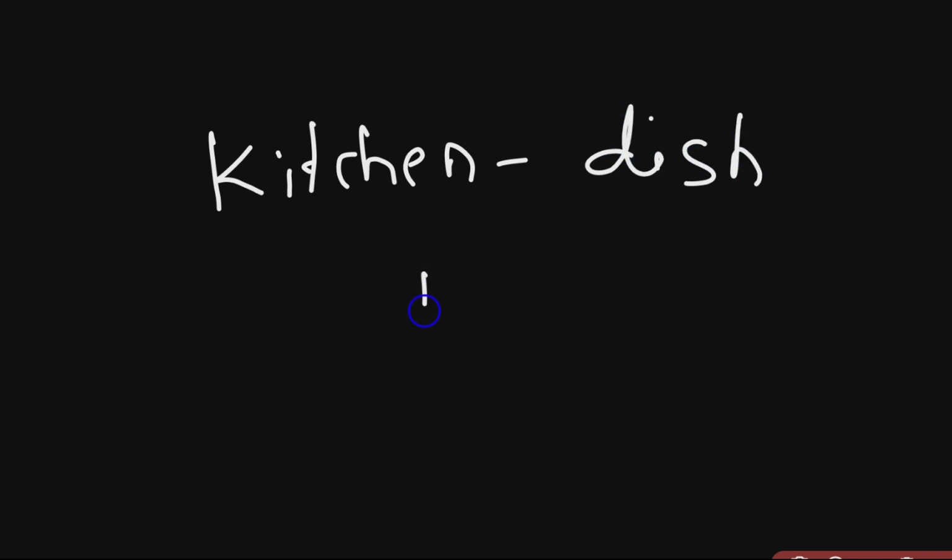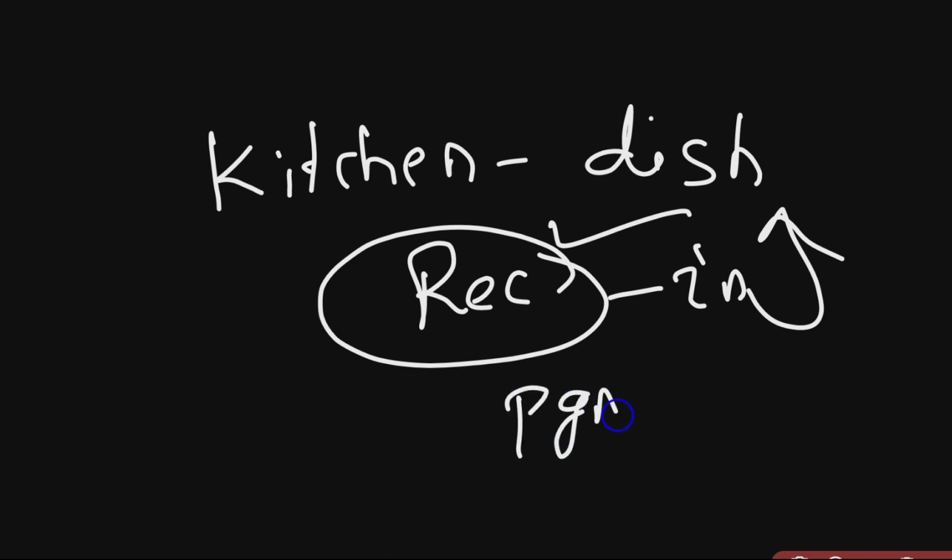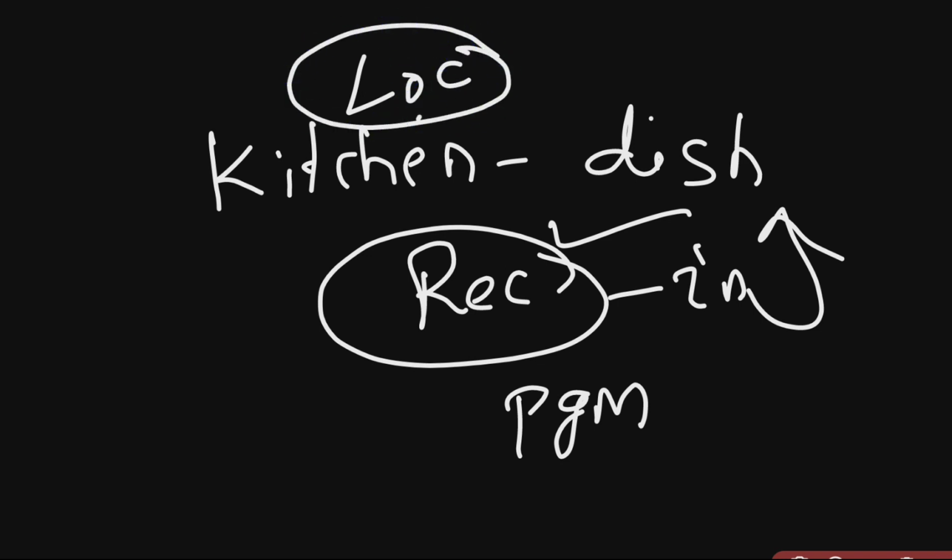To prepare a dish we will be having some recipe. This recipe is nothing but an instruction to prepare a dish. This recipe itself is called as the program. It is just lines of code. In terms of computer science we call it as LOC, that is nothing but lines of code.